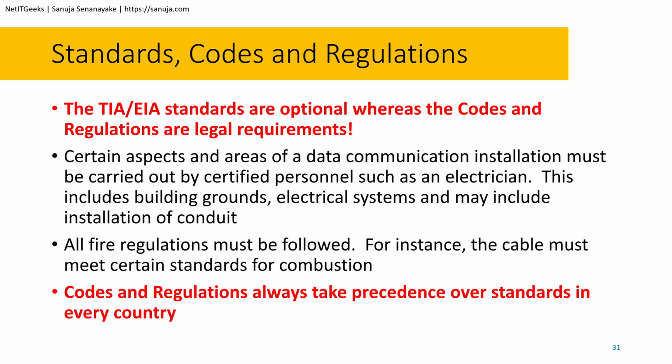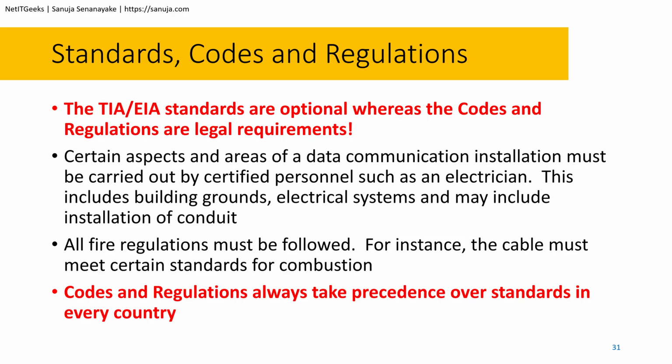That means you can't have a networking closet in a basement unless it absolutely has to be. Then you need to get a bypass, a special consideration from the government, to put that equipment there.